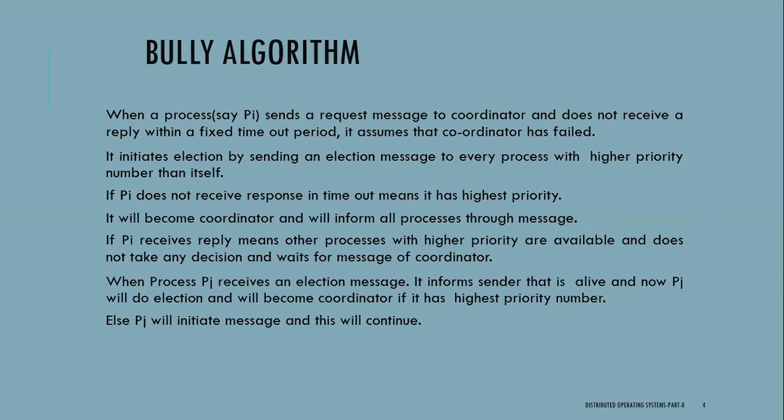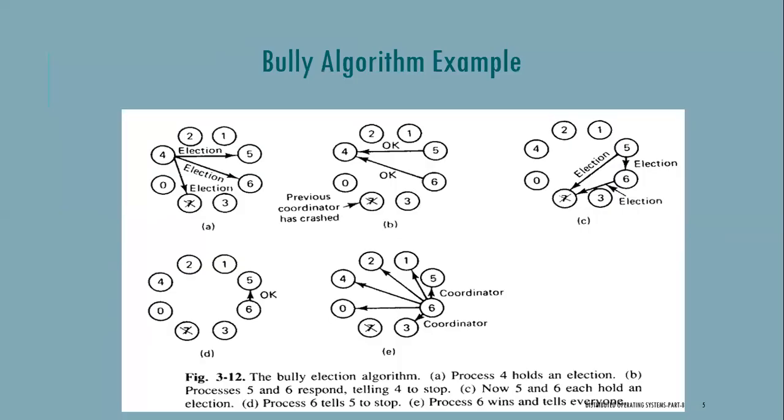When process Pj receives an election message, it informs the sender that it is alive, and now Pj will do an election and will become coordinator if it has the highest priority number. Otherwise, Pj will initiate an election message and this will continue. So this is shown in the diagram.